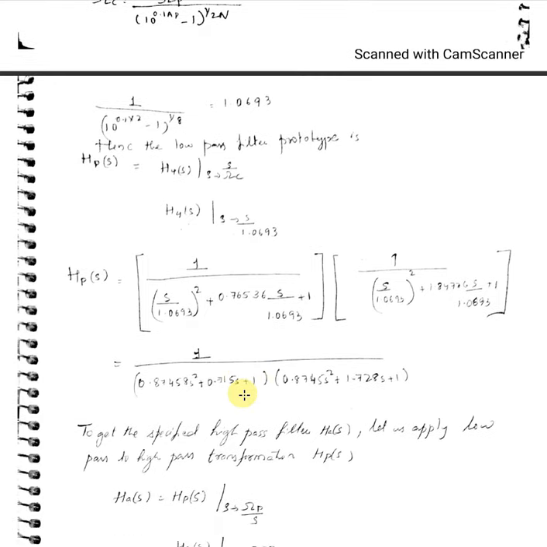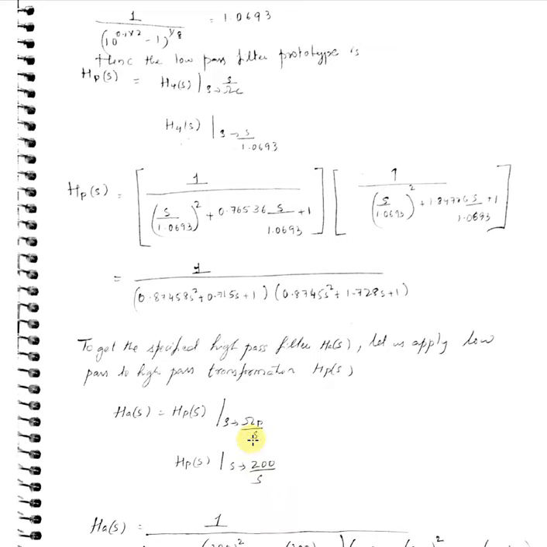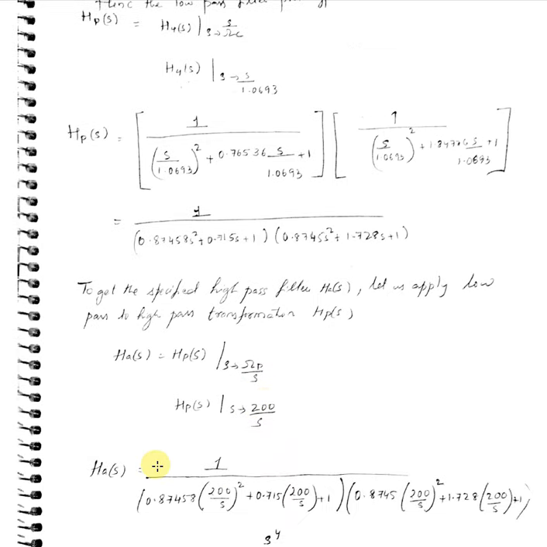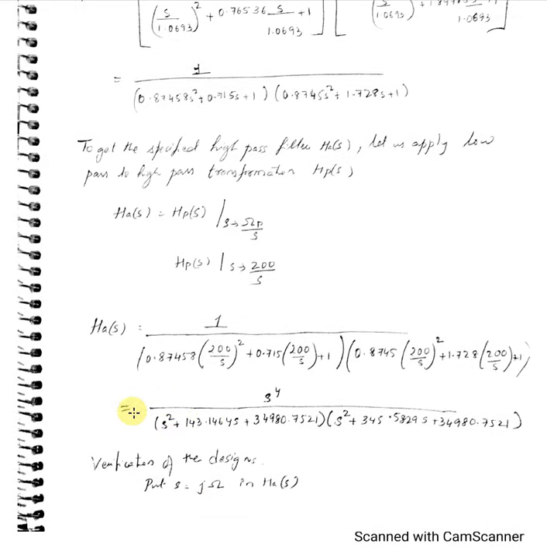Then whatever value you obtain, H of j omega, is with respect to omega p and omega s of the desired filter. I'm talking about the band pass. Do not put omega p and omega s as 1 and 2. It is with respect to the filter that you intended to design, the question given.